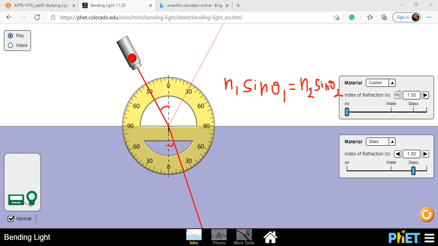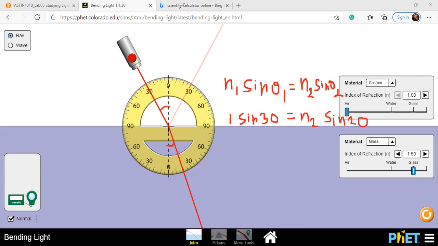Okay. What is this? This is 1. Okay. I can put 1 here, sine 30. So sine 30, right? This one is 30 here, is equal to N2, and then sine 20, right? Sine 20.